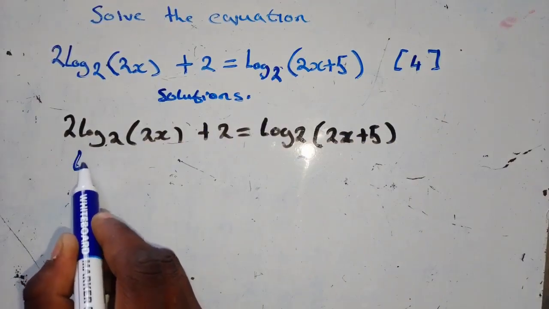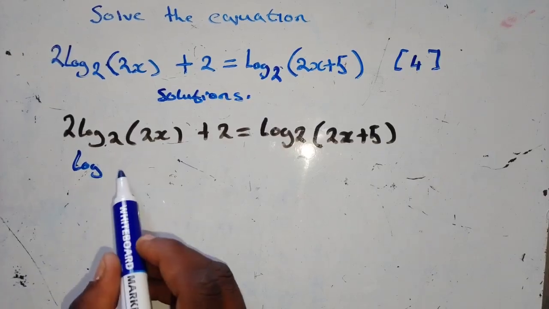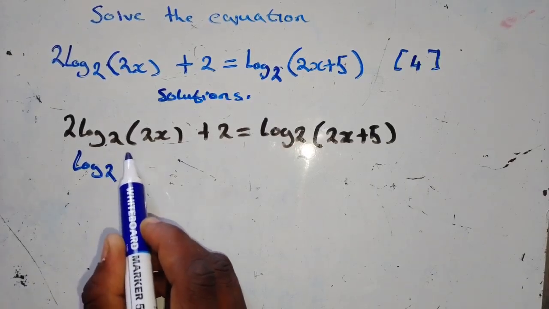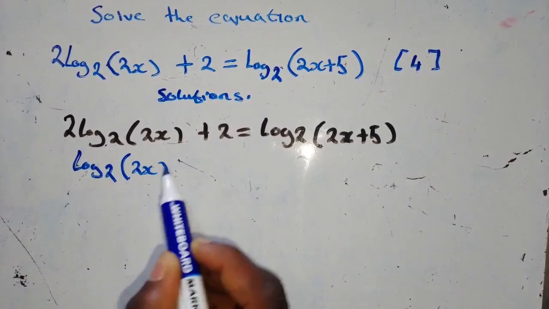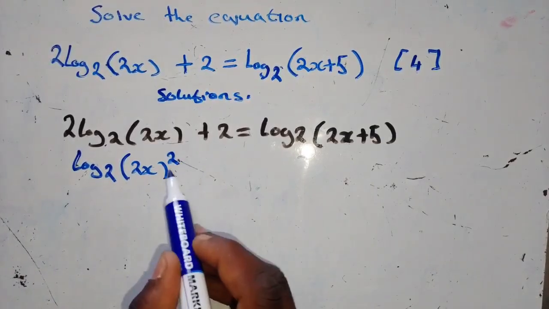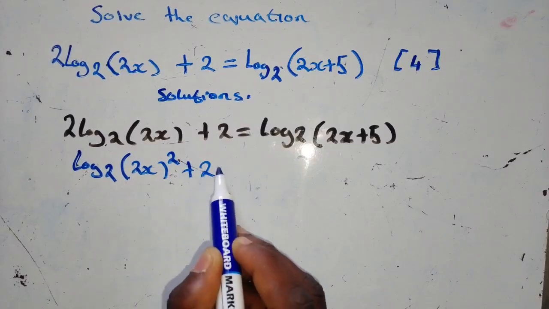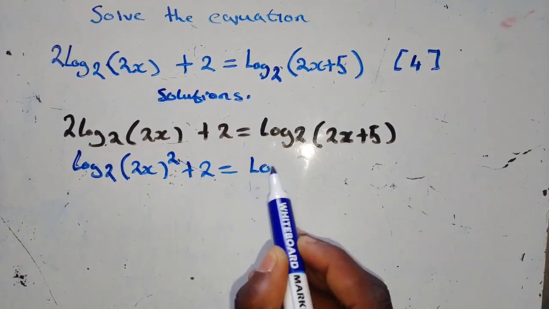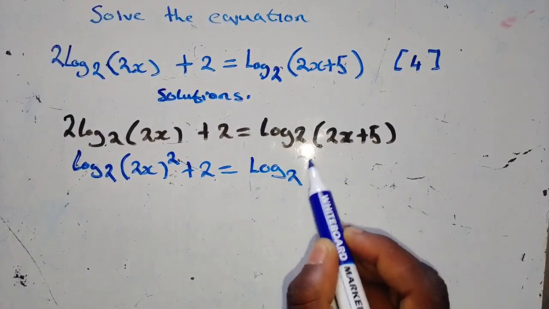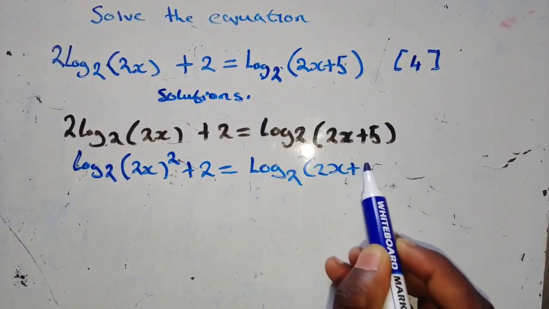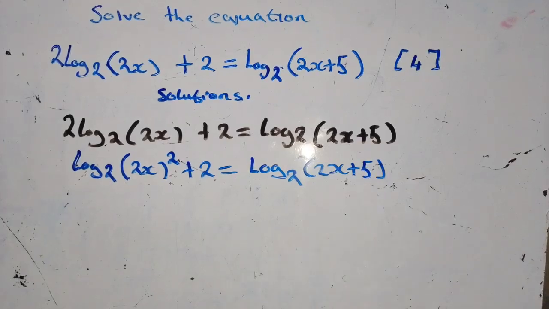So we have log₂ (2x)² + 2 = log₂(2x + 5). Having reached this stage, you just collect the like terms.